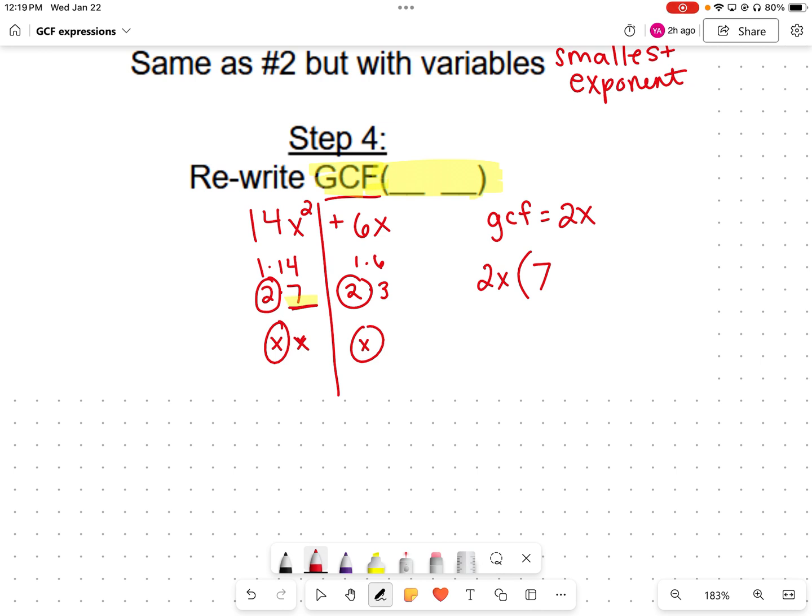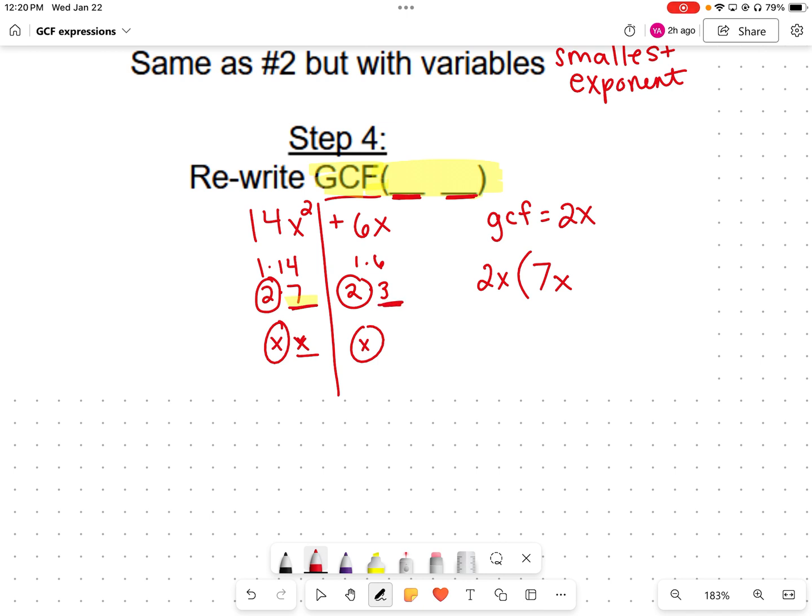So 7 goes in the parentheses first. And then what's left on the variable? An x. Then I'll leave a space because I'm doing the blank and the blank because I have two terms. I'm going to leave a space and look and see whenever I factored out that 2, what's the match to 2 on the 6x?